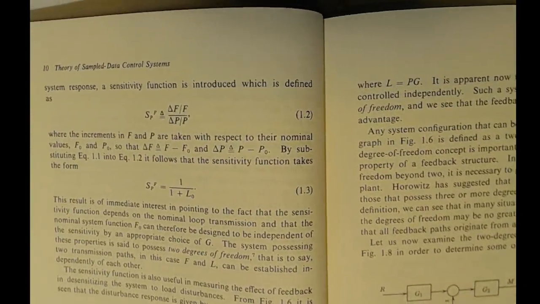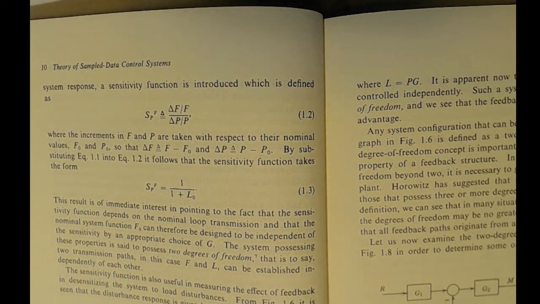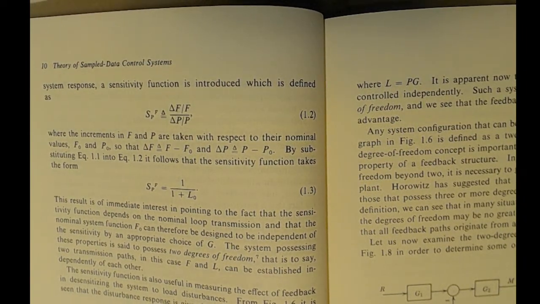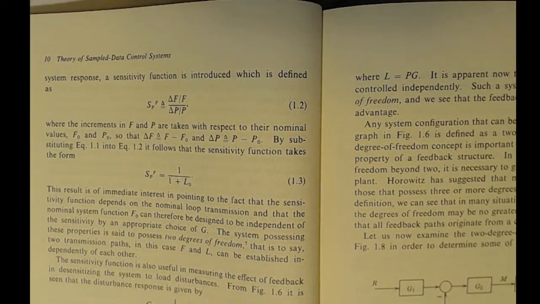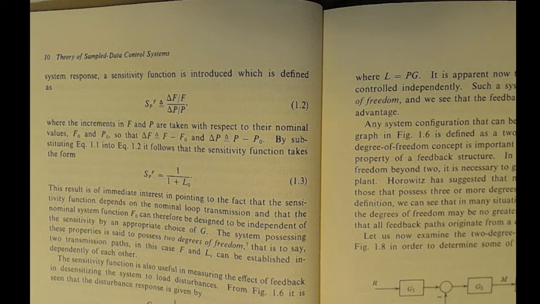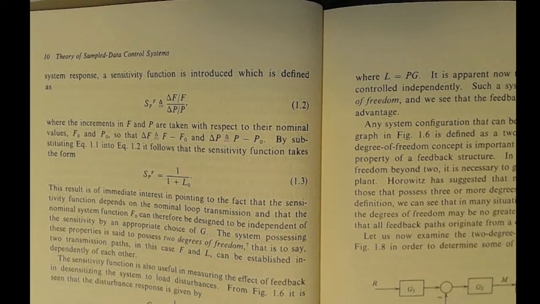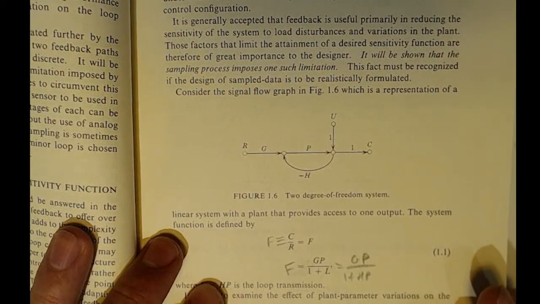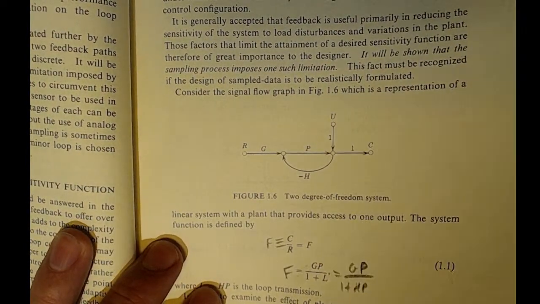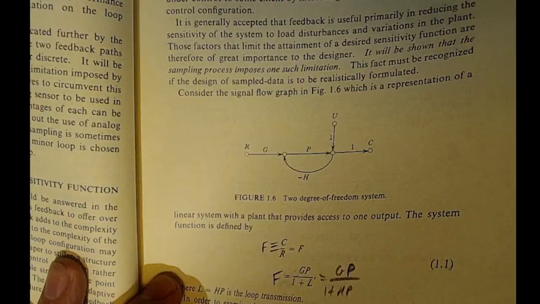So F is a function of P, among other things.